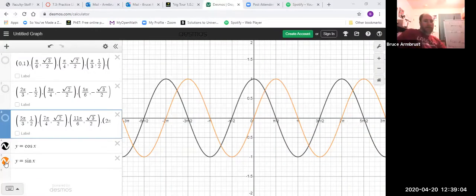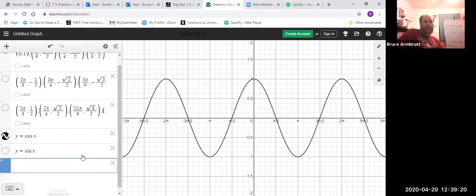Okay, so you should be able to see my graph again. So here's the y equals cosine and y equals sine. I'm going to turn off y equals sine. I don't want that to get in our way here. So we have just y equals cosine. Now what I'm going to do is change this a little bit by putting vertical stretch or compress and horizontal stretch or compress in here.